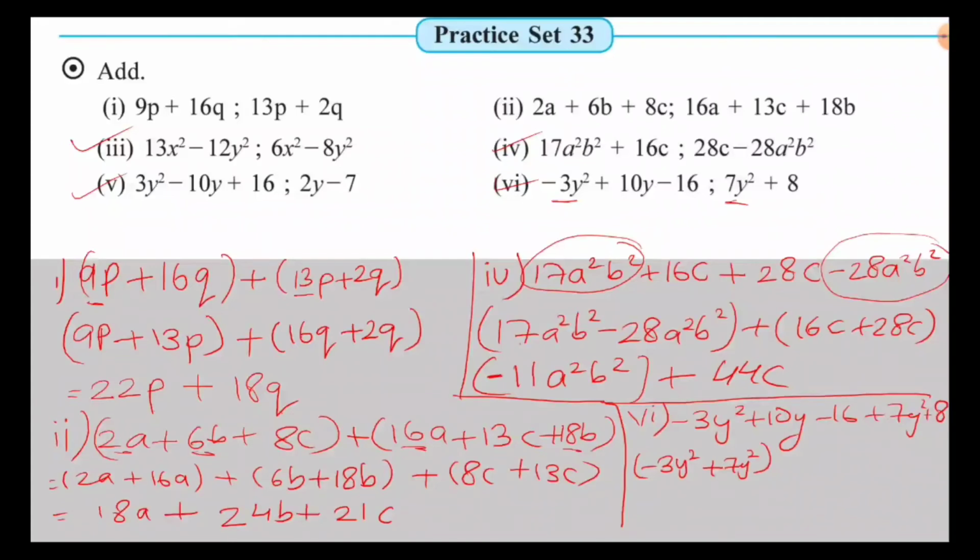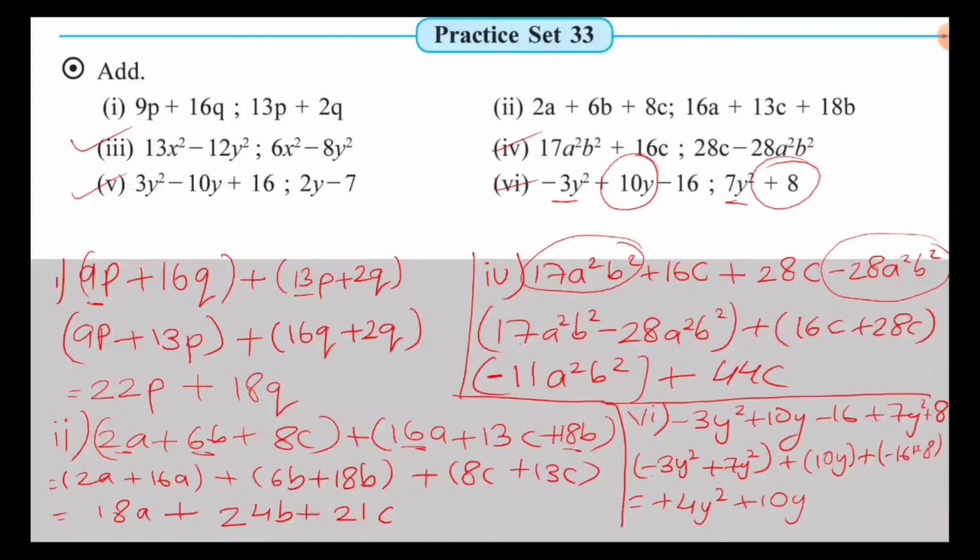After that we will be putting an addition sign. 10y does not have any like term over here, so 10y will be as it is. Then minus 16 plus 8. Plus minus will be minus 8. So the answer is 4y square, because 7 is a greater number and it has a positive sign, plus 10y minus 8.